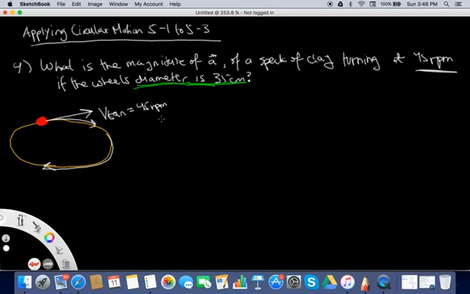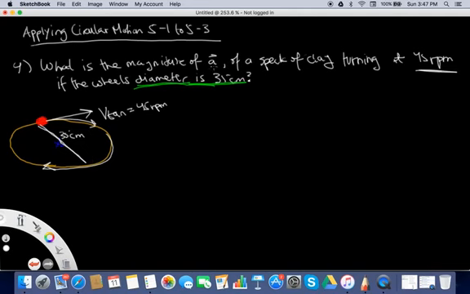The second thing it tells us is that from the center of the circle, this particle is 35 centimeters in diameter. I almost drew it as a radius, but I forgot. It's always good to underline the important stuff. This particle is 35 centimeters in diameter, meaning the whole circular motion has a diameter of 35 centimeters.